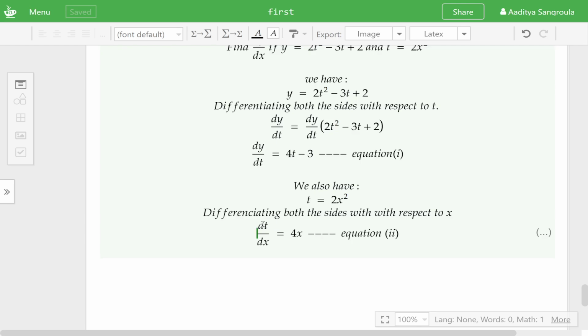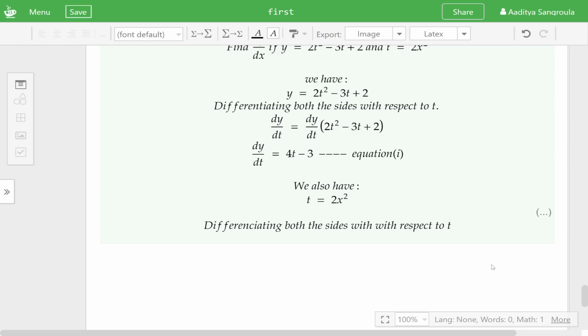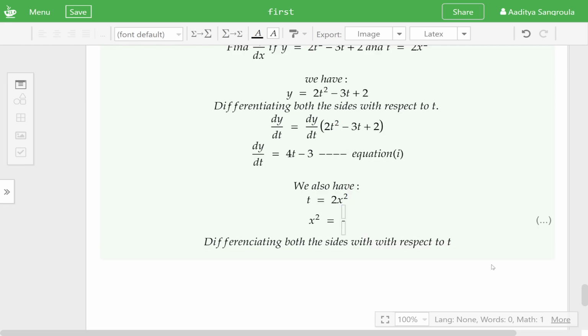Right? dy over dt. So dx over dt. What if we differentiate this with respect to t? Let's see. With respect to t, for that we need to have x squared equal to t over 2, right?